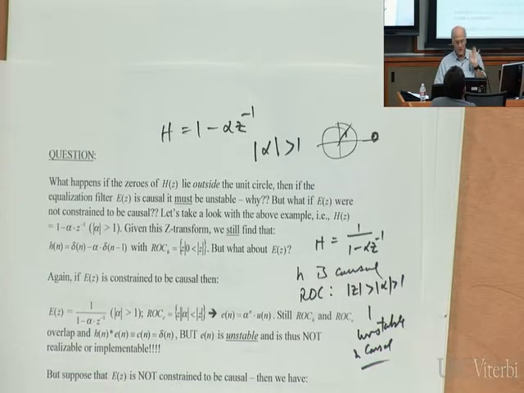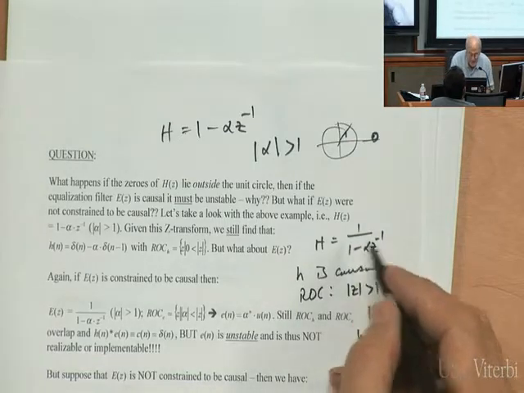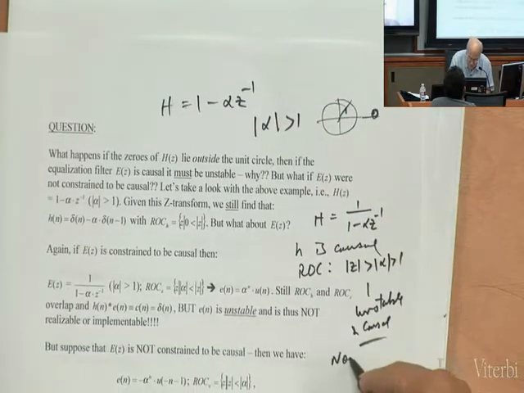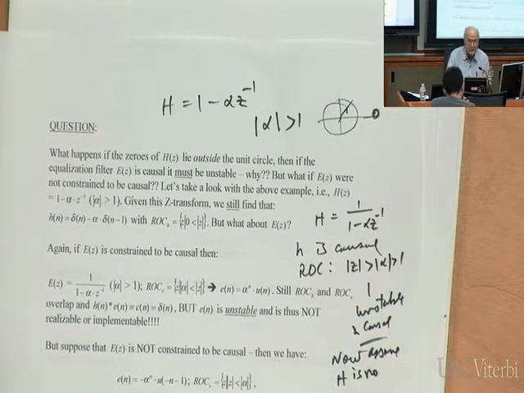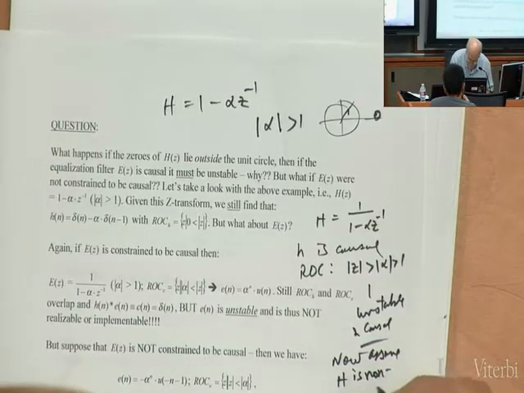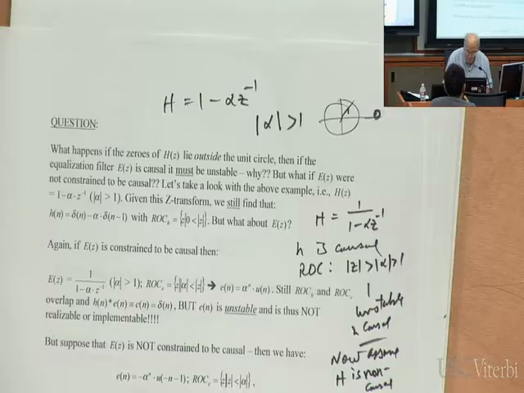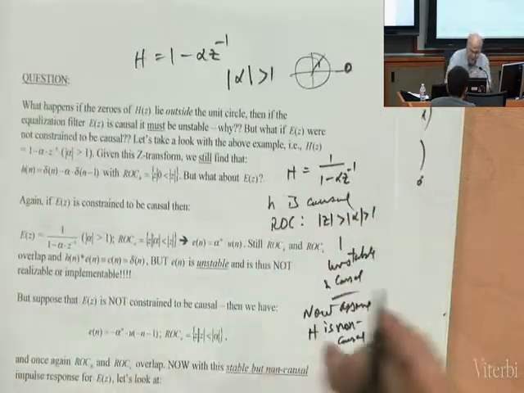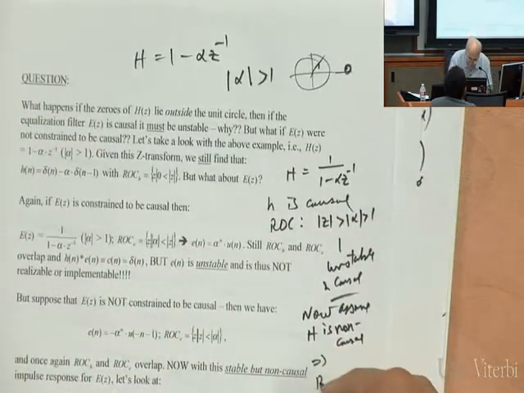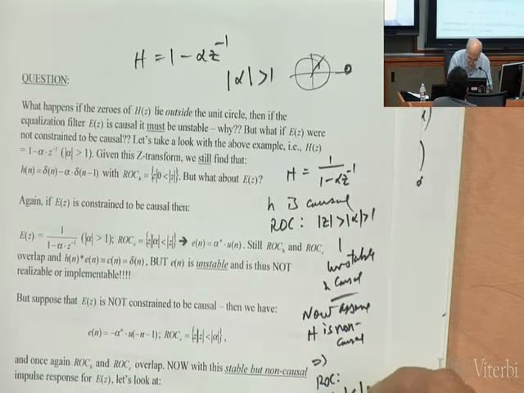What if you said, okay, forget that. Suppose H is, now assume, oh boy, H is non-causal. Crazy? Maybe. Well, in that case, the ROC is interior to a circle: the magnitude of z less than the magnitude of alpha.